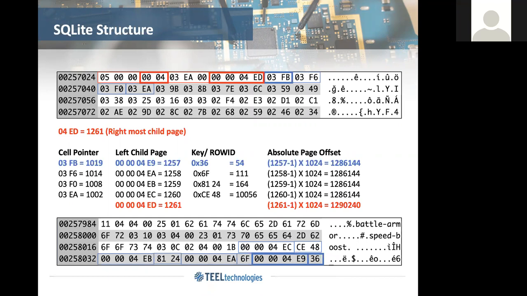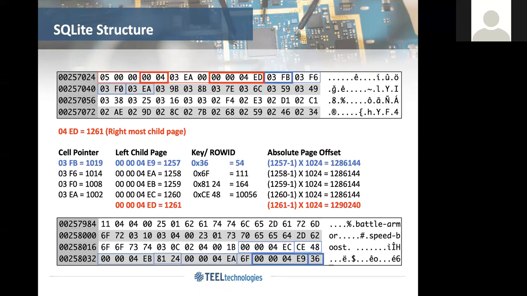So just to go back, we need our header of our page. We need to know how many byte pairs to carve out, and we need to convert that first byte pair of 03FB. And then we're going to take the 03FB, convert that to 1019. That's going to be a jump on our page.